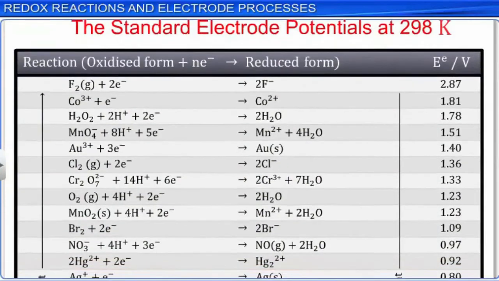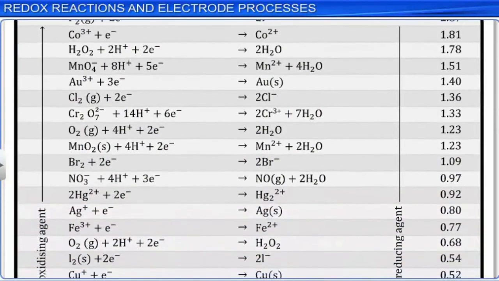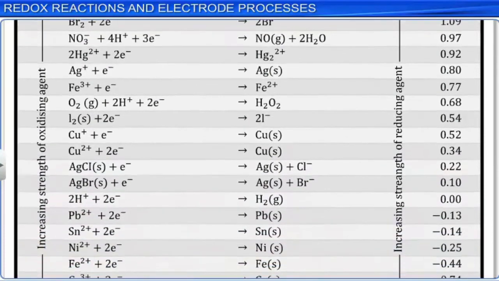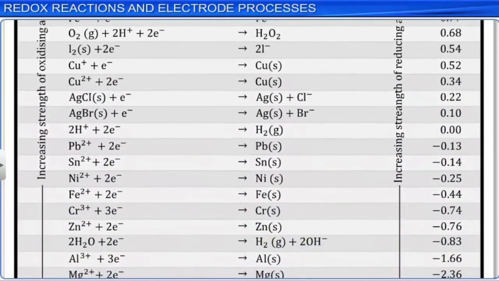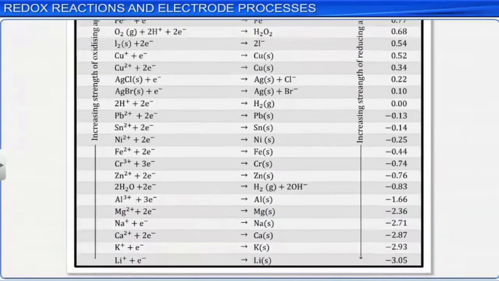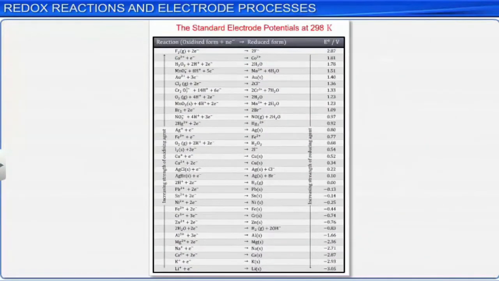Chemists have created a table that lists the tendency of various substances to lose electrons in a galvanic cell. Note that the values of standard electrode potentials are relative to the standard hydrogen electrode. A metal with a higher standard reduction potential can be easily reduced, and hence is a better oxidizing agent.